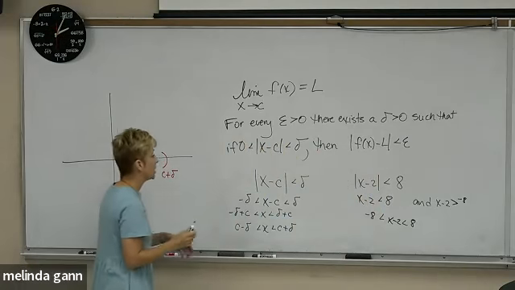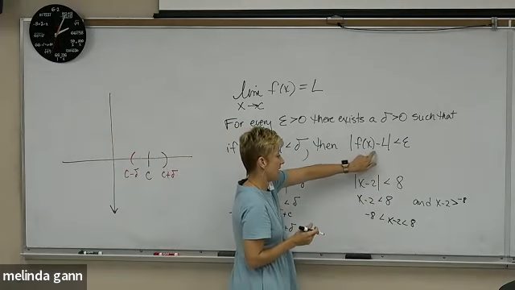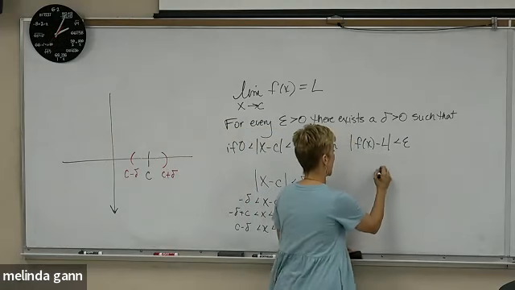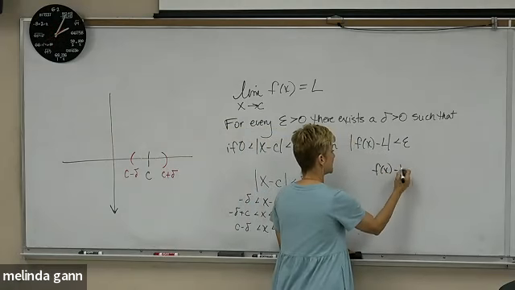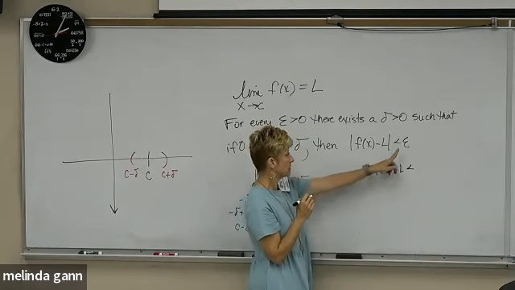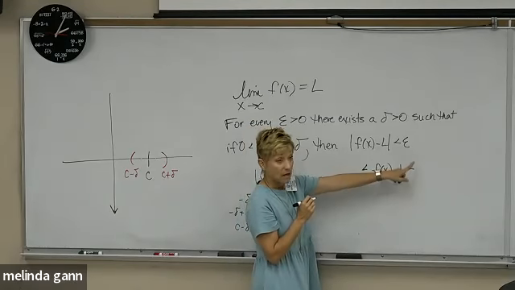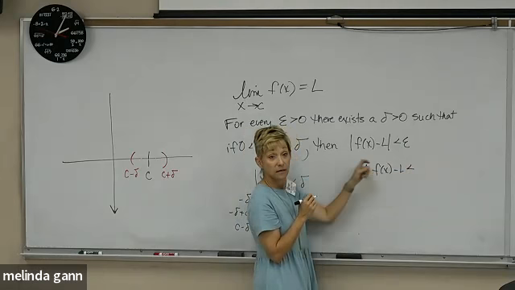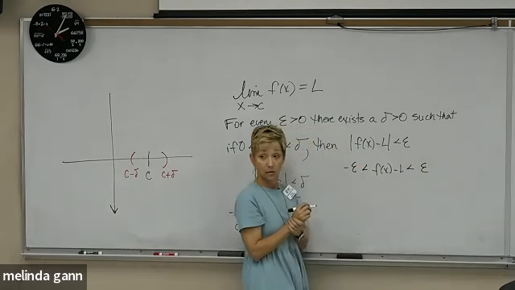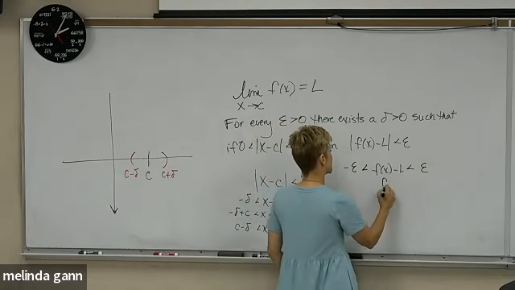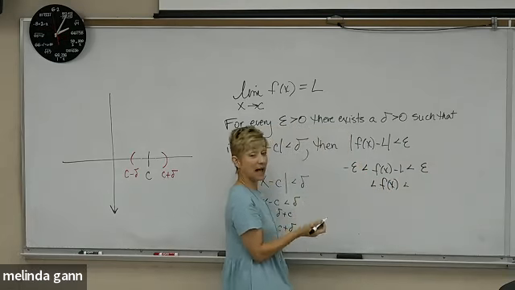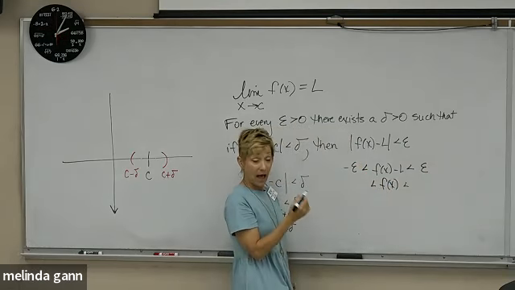Now, what's this going to say? Well, this is going to say that f of x minus L is going to be between what two values? Epsilon and negative epsilon. So what's that going to say? f of x is going to be between, how am I going to get rid of that minus L? I'm going to add it to both sides.